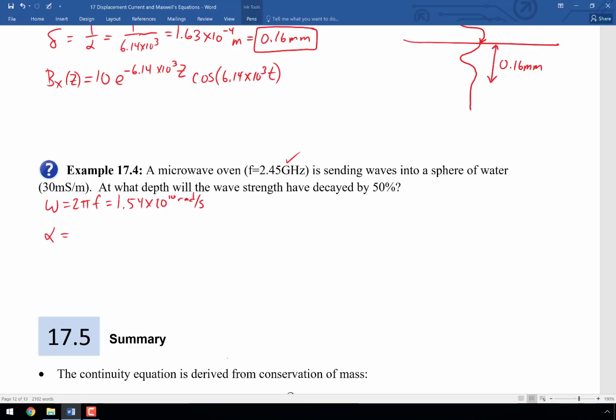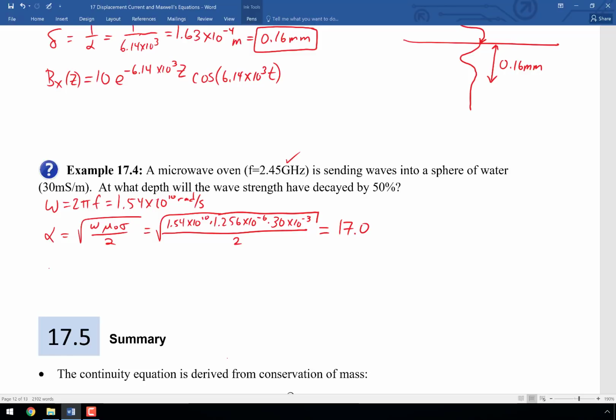And then alpha is the square root of omega mu sub 0 sigma over 2, which is the square root of 1.54 times 10 to the 10th times 1.256 times 10 to the minus 6th times the conductivity, which is 30 times 10 to the minus 3rd, all of this divided by 2. Take the square root, and we end up with 17.0.